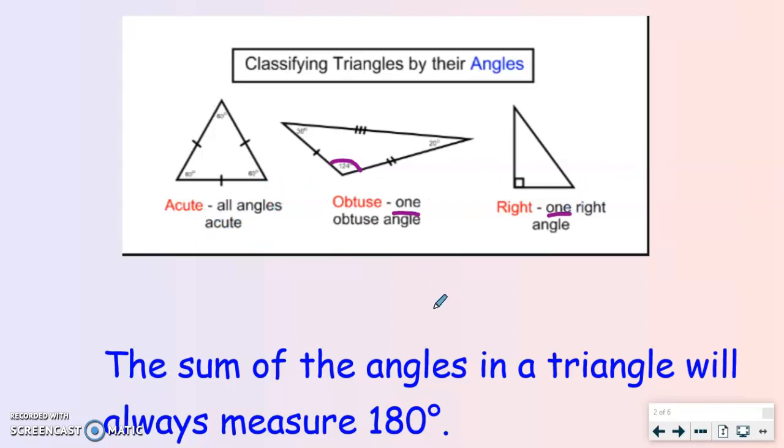And the reason for this is because of the little note I have down here. The sum of all the angles in a triangle will always measure 180 degrees. And so if you have an angle that measures more than 90 degrees, 90 is half of 180. And so if you have an angle that's more than half, you can't have the other angle also be more than half.